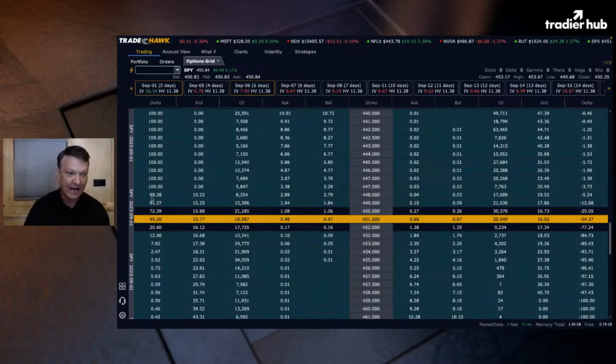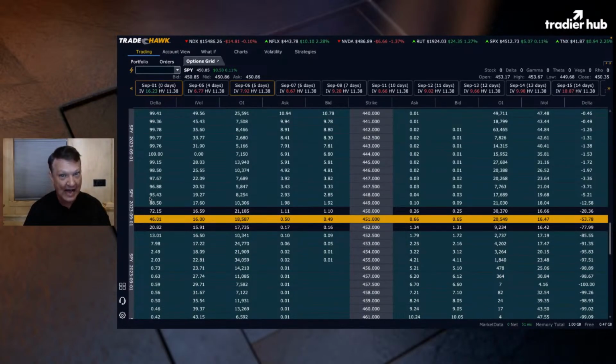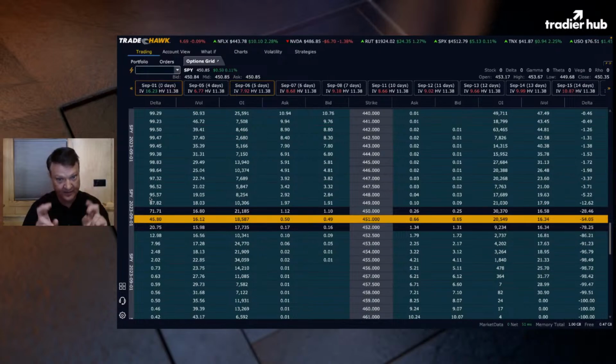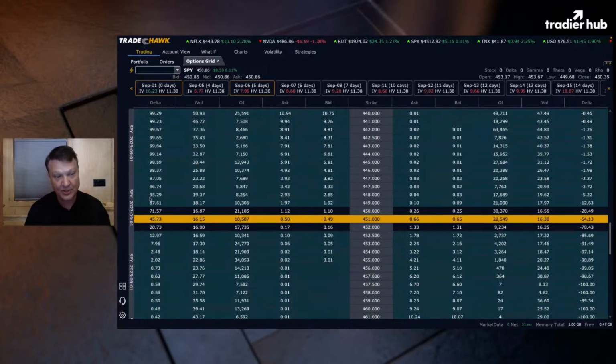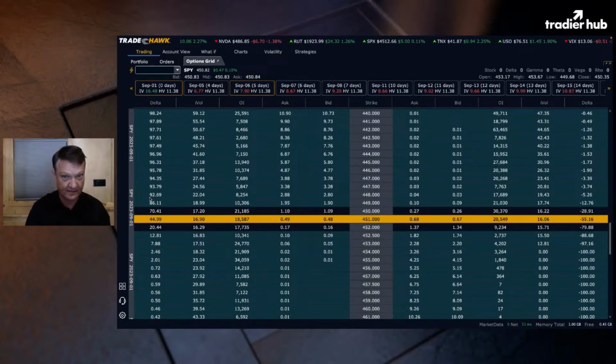And we see now that delta is almost 100. It's trading at, well, for a second there, it spiked, but it's 0.95. So there's a 95% chance based off of the delta that that option contract would be in the money on expiration, at least 1 cent in the money.